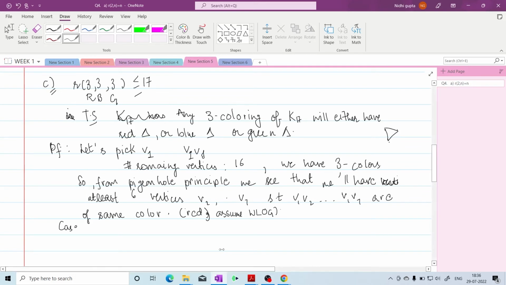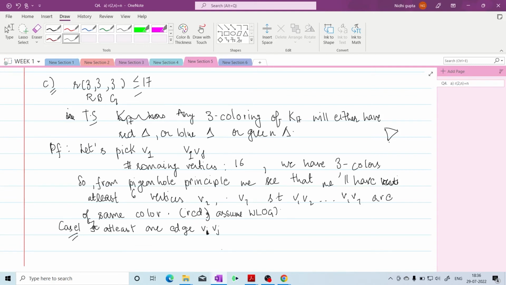Case 1: there exists at least one edge ViVj, where i and j belong to 2 to 7, which is red.